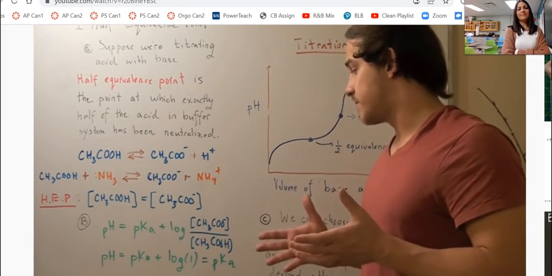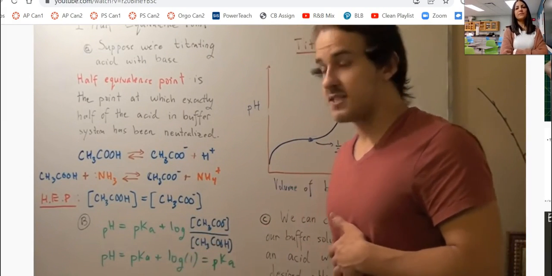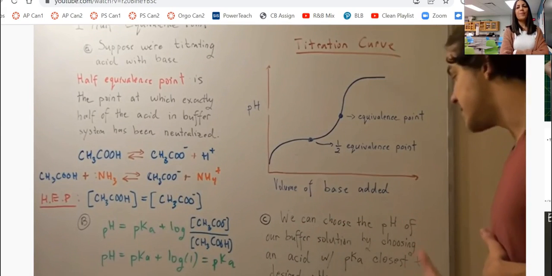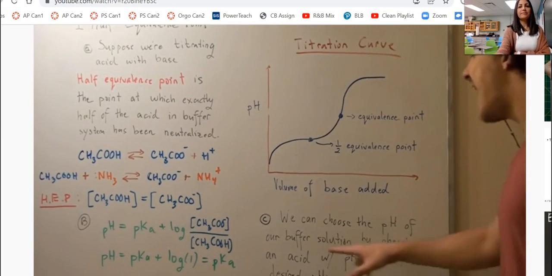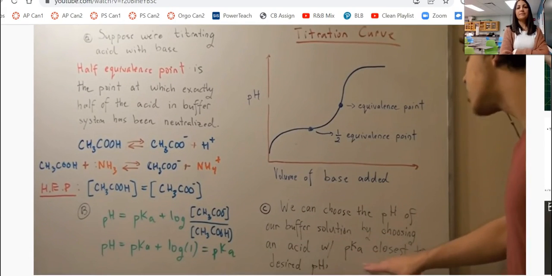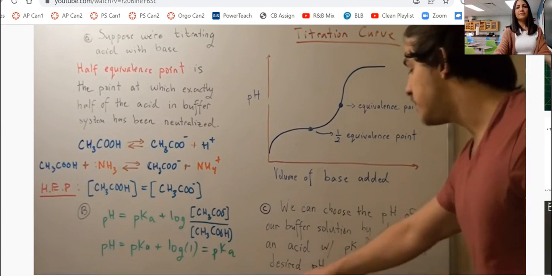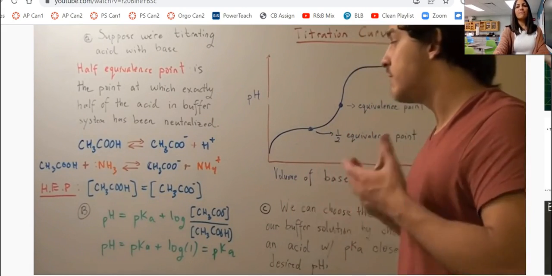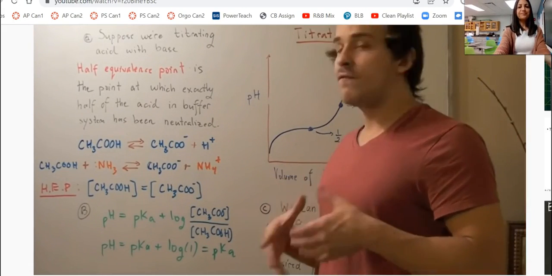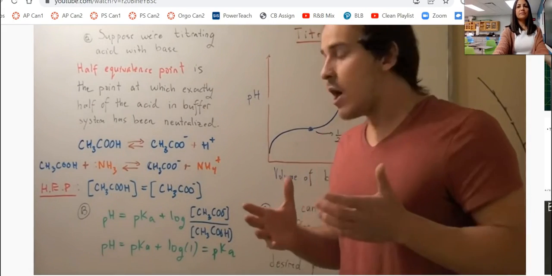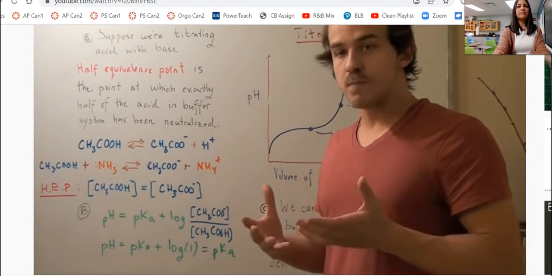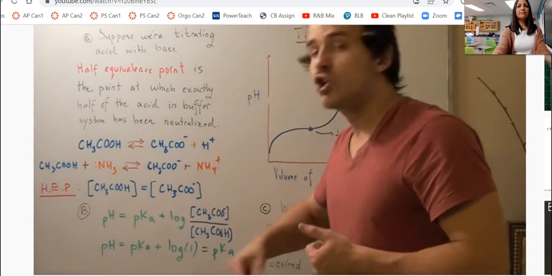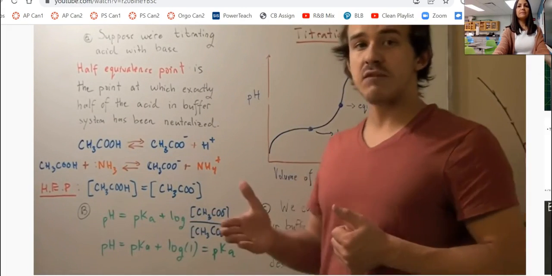Where is the significance? Well, this means that now we can choose the pH of our buffer system by simply choosing an acid with pKa that's closest to our desired pH. So suppose, for example, I want my buffer system to have a pH of 4.7. Now, how I find the acid to use is I simply find the acid with the pKa value closest to 4.7.